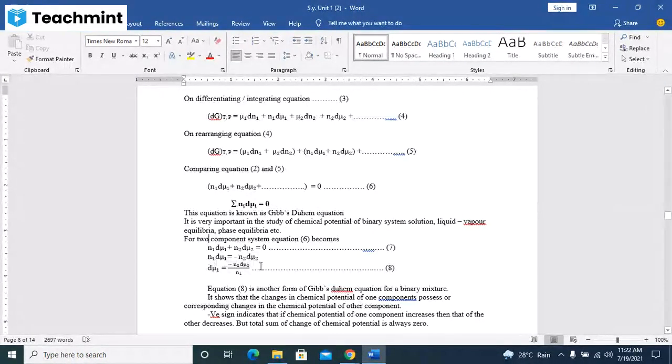N1 d mu1 equals minus N2 d mu2. d mu1 equals minus N2 d mu2 by N1. Equation 8 is another form of the Gibbs-Duhem equation for the binary system.